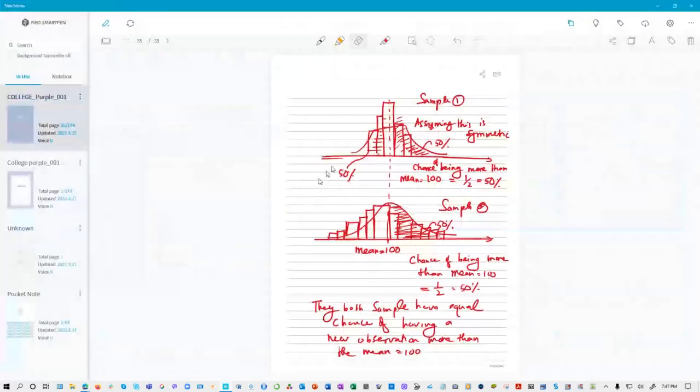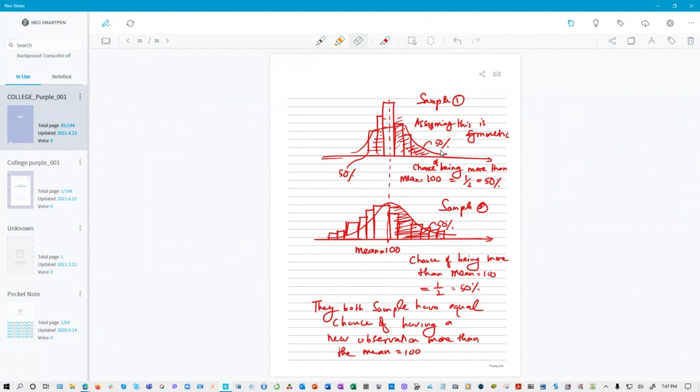They're not talking about the same distribution. They were talking about looking at the distribution and seeing whether this distribution will produce a new observation that is more than 100. What is the chance of producing more than 100? More than 100 would be covered by 50%, because altogether the chance is 100%.